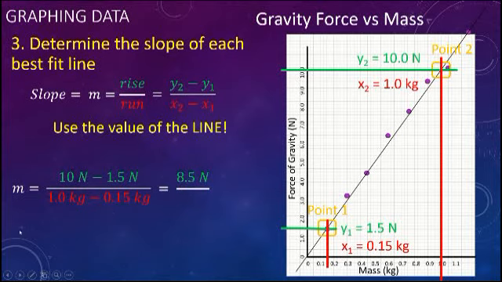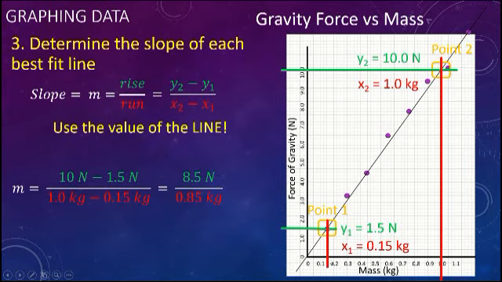So that's going to be the bottom of our slope equation, right? So point 2 has a value of 1 kilogram on the x-axis. Point 1 has a value of 0.15 kilograms on the x-axis. So when you subtract those two, you get 0.85 kilograms.